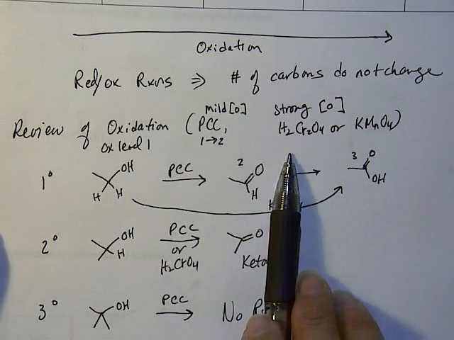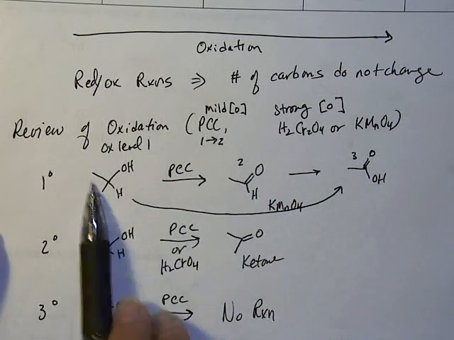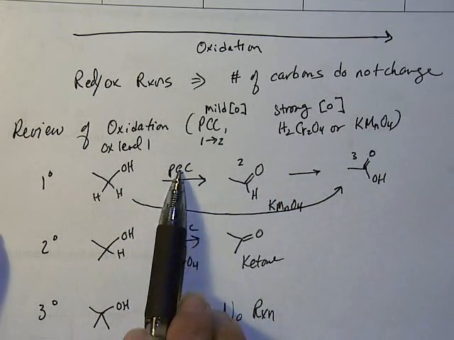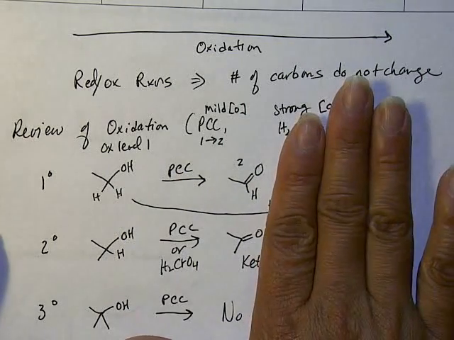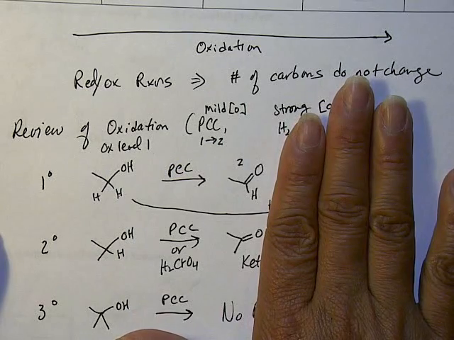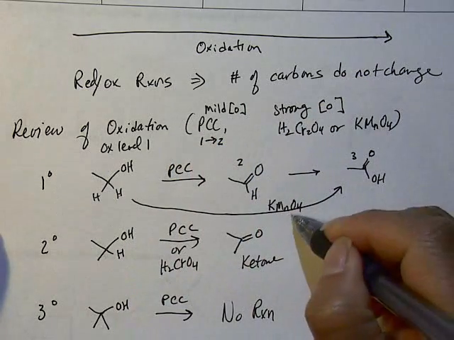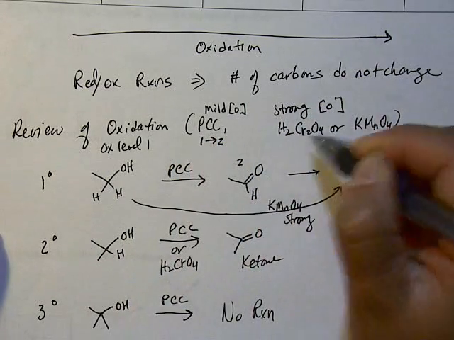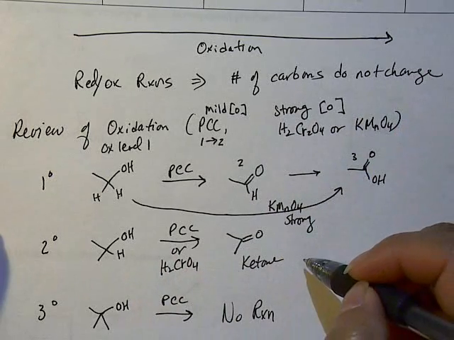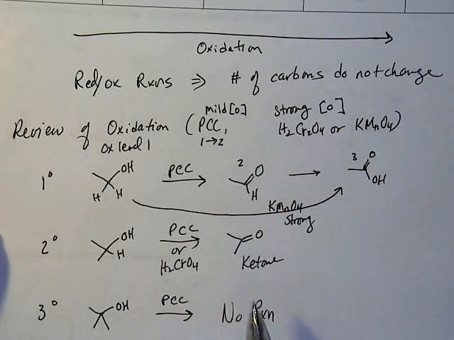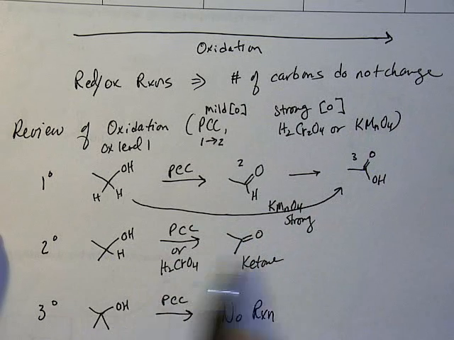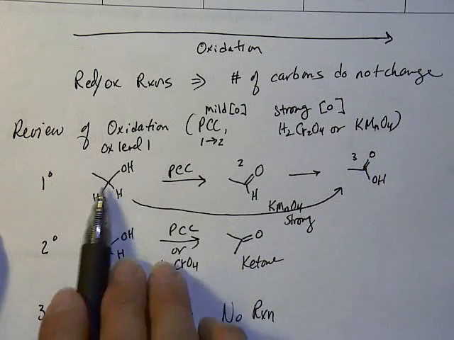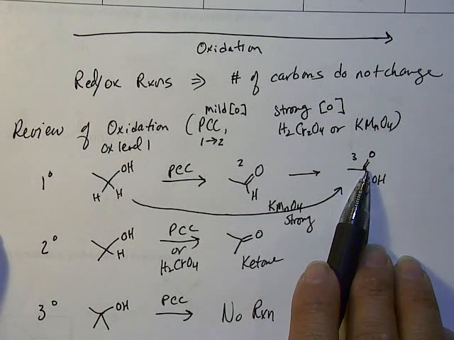If you want to stop at oxidation level 2 for primary alcohols, you would use the mild and it would stop there and not go any further. That's the difference between mild and strong. If you use strong, it's going to take anything to the last final stage possible. So for secondary, it will go all the way to ketone. For primary, it will go all the way to carboxylic acid.